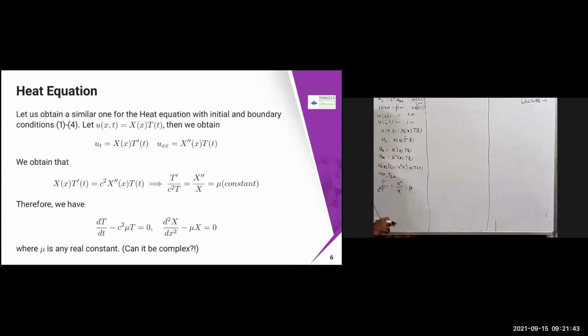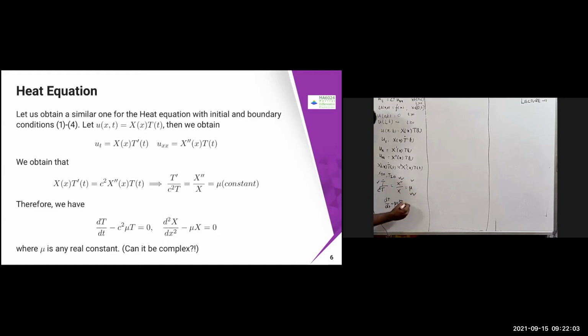So therefore, I'm going to have two equations. One is d T by dt, into c square, T will come, so I'm going to write it as minus nu into c square into T. I'm just writing these two equations, this one and this one. The next, this one and this one.